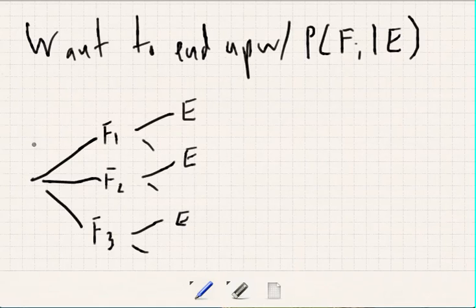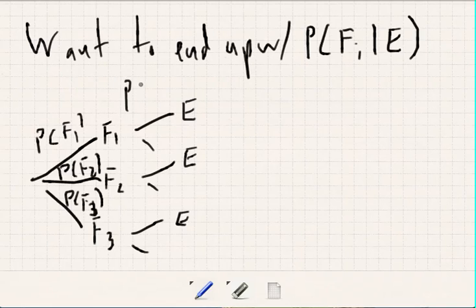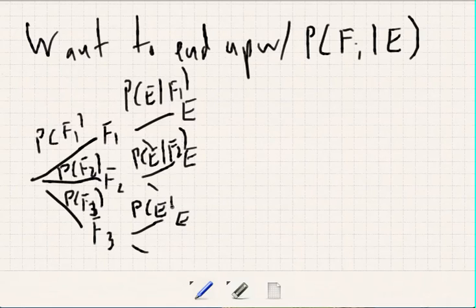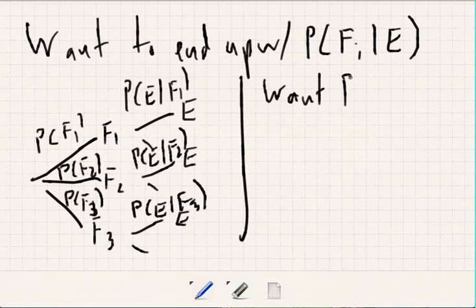All I really care about is E. So we have the probability of F1 here, the probability of F2 here, the probability of F3 here, and we have a bunch of conditional probabilities here: the probability of E given F1, E given F2, and E given F3. Now let's say I want to find the probability of F1 given E. What I do is this.